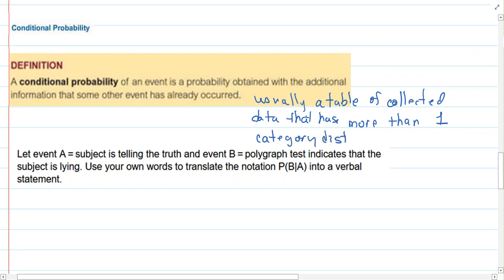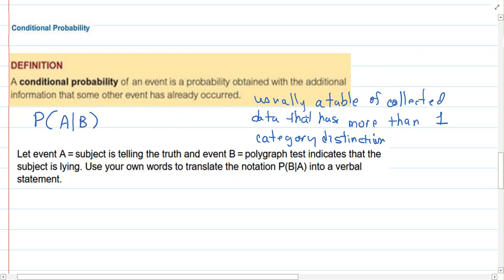It's numeric, so it's not a category like name, but a distinction in numbers. So that's conditional, and that's event A such that given B.